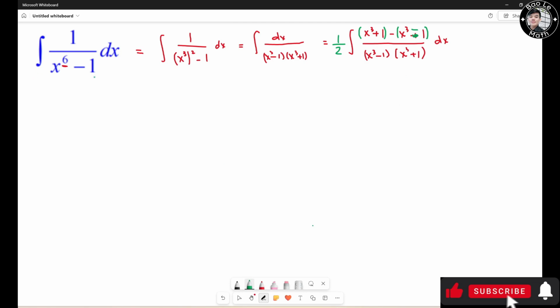So this turns out to be 1/2 the integral of ds over s cubed minus 1 minus the integral of ds over s cubed plus 1.